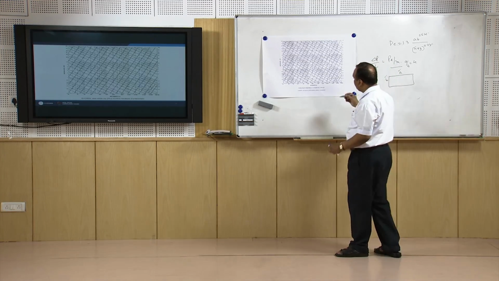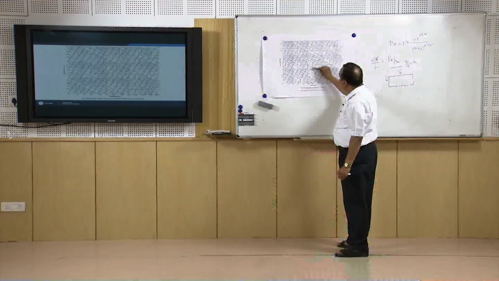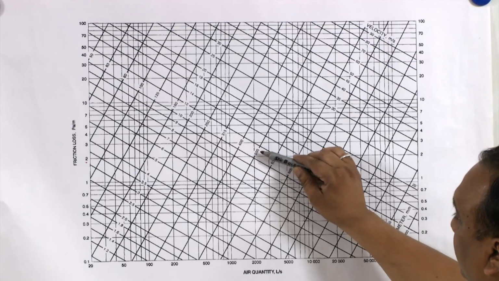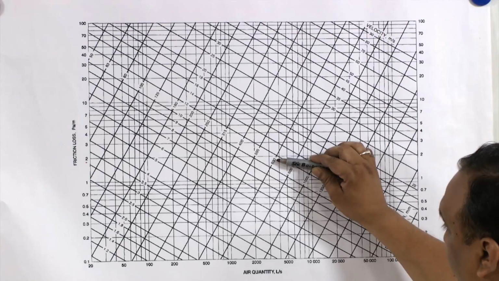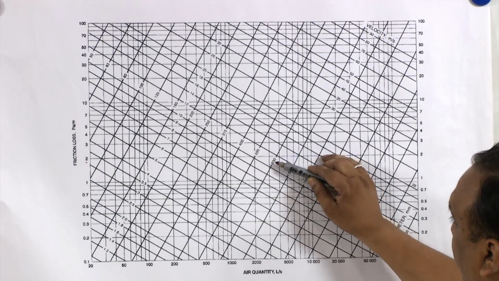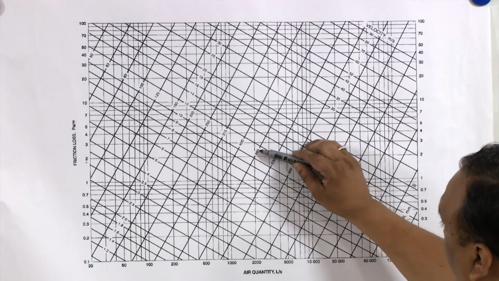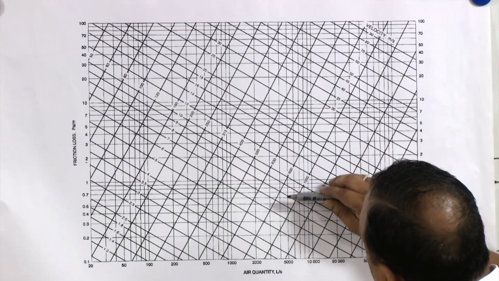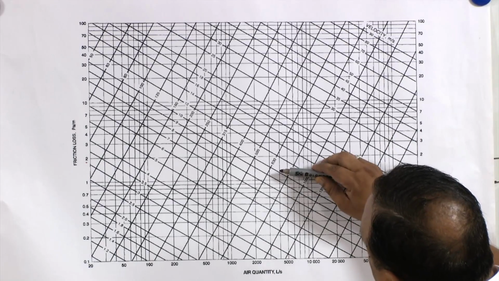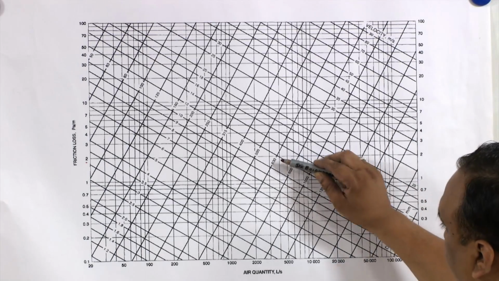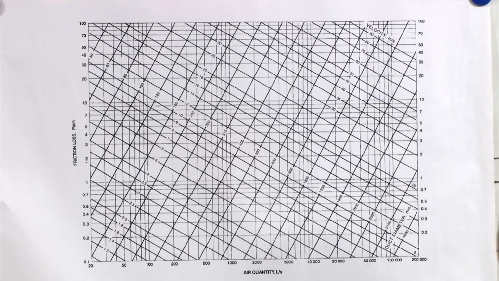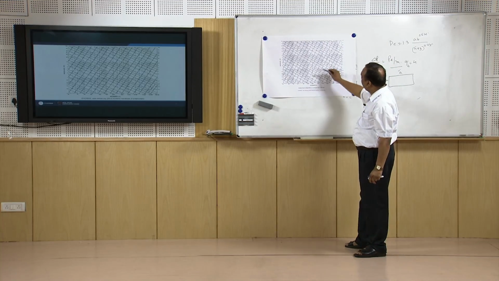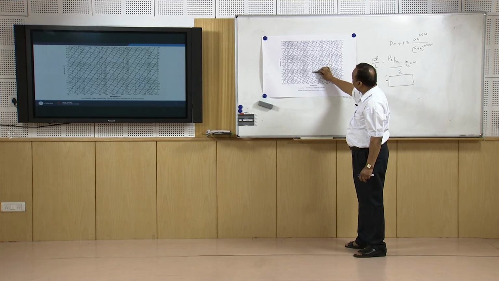Now, at this discharge and this pressure, the duct diameter is 500. If I increase the diameter of the duct for the same discharge, from 500 to 630, sorry, this is 630, not 830, in that case the friction pressure drop will reduce to 0.6 simply by increasing the size of the duct.